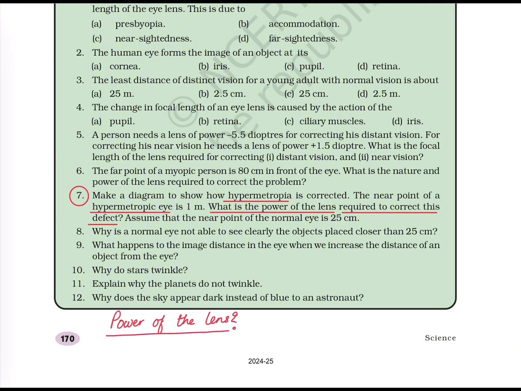When we have to calculate the power of the lens, we obviously have to calculate the focal length, because we know that the formula of power is 1 by f, where f is in meter, and the unit for power in this case will be diopter.